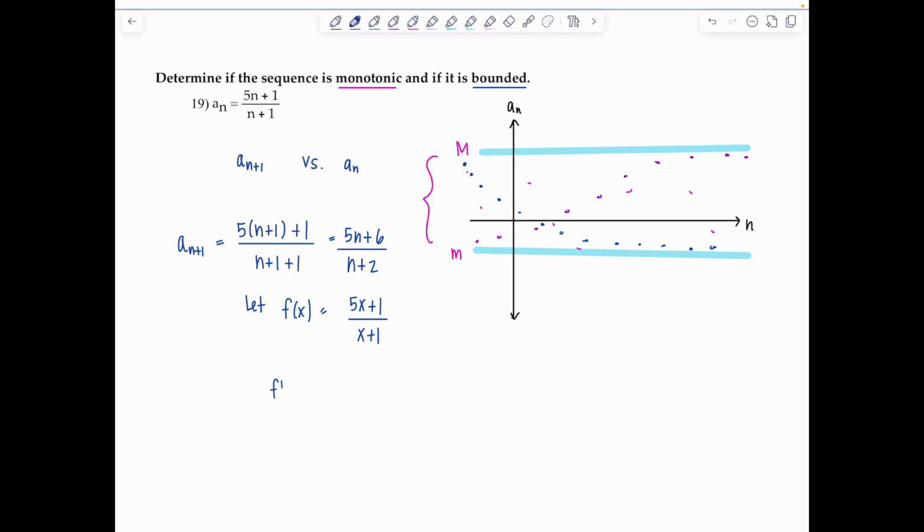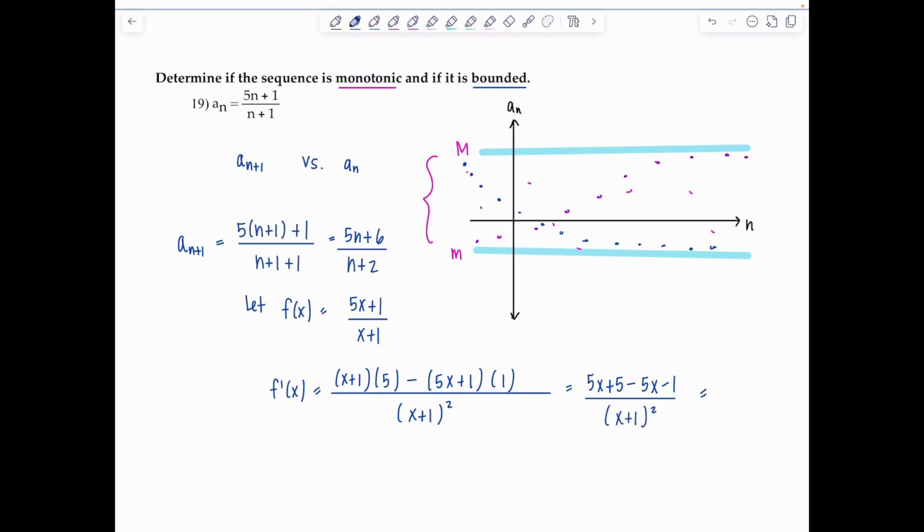So f prime of x, quotient rule time, here we go. Low d high, so denominator times derivative of the numerator, minus high d low, over low low. This is going to be 5x plus 5 minus 5x minus 1, over x plus 1 squared.